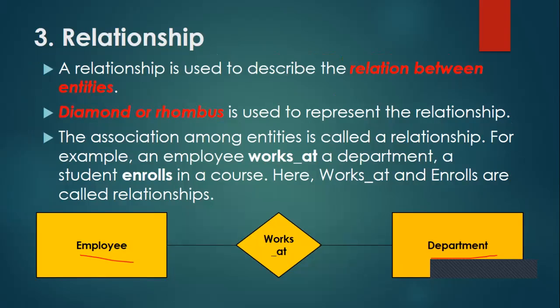This works at is nothing but a relationship. That is, it has an association between two entities. Let me give you one more example where a student has enrolled for a course. You will be having two entities, one is student, one is course. And what is the relationship between them? It is enrolls.